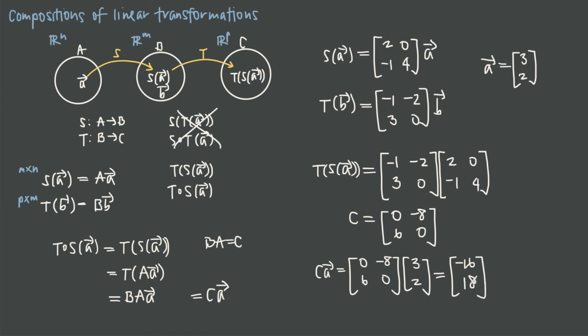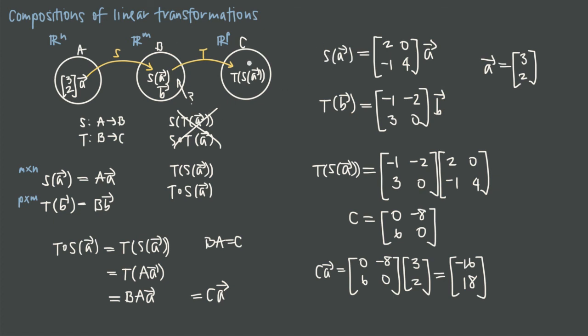So what this tells me then is that if I start with a vector (3, 2) that's inside A, it undergoes the transformation by S, and then it undergoes the transformation by T. So we don't even know the vector we get to just after the transformation S. We don't stop halfway.